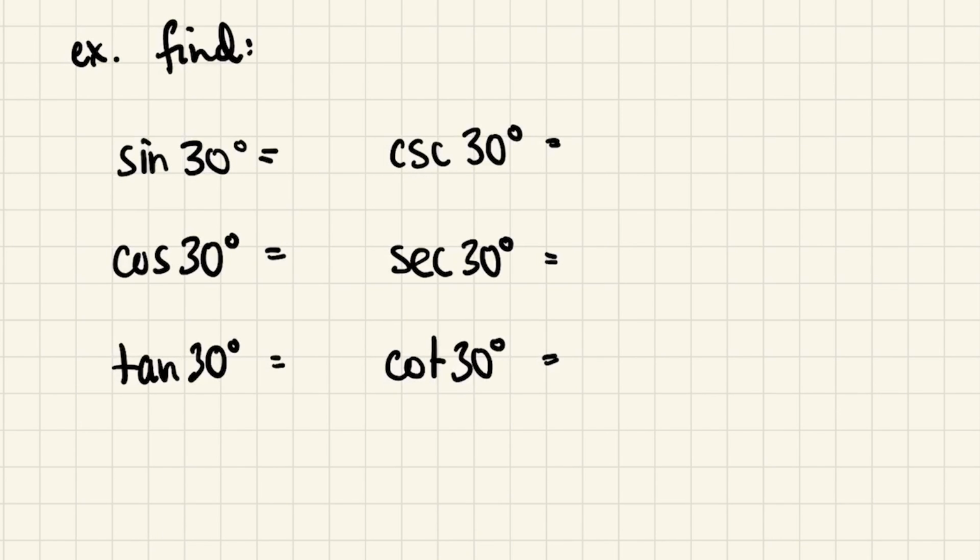All right, so let's work these out. And we're going to use one of the triangles, obviously the 30, 60, 90 triangle that we just found. On your homework, you have a number of these to work out. I very strongly recommend that you do not just reach for a calculator to get these answers, and you don't just look them up on a table, but you learn to draw the triangles yourself.